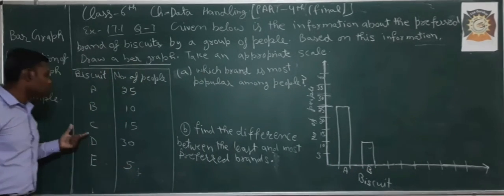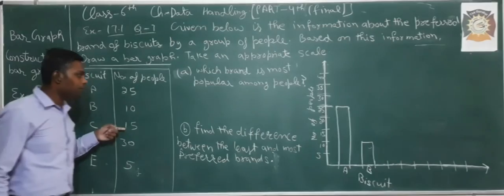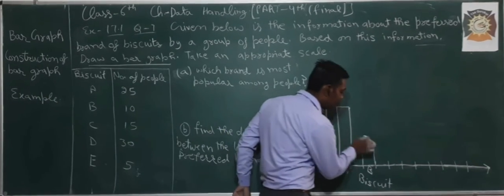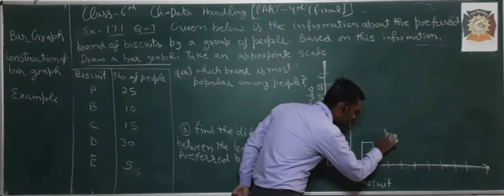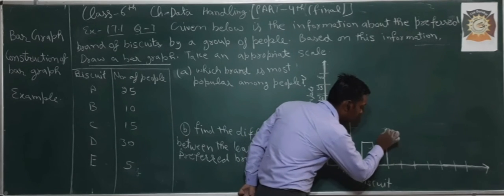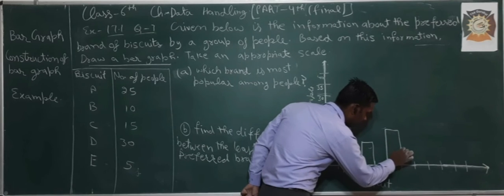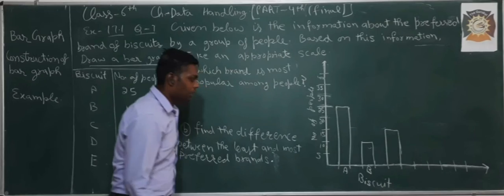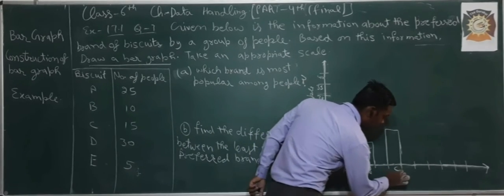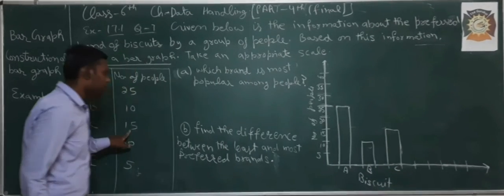And next we have to go to brand C, which is liked by 15 people. That is 15 here, and from here we have to draw a bar like this. This is brand C, that is liked by 15 people.